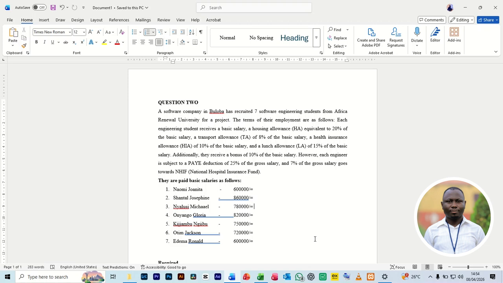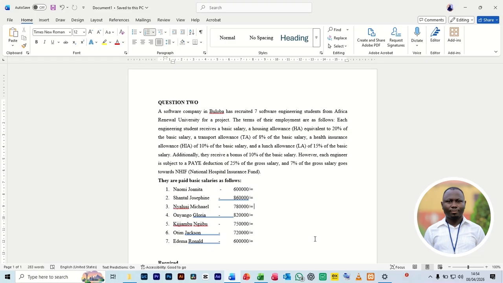Each engineering student receives a basic salary, a housing allowance of 20% of the basic salary, a transport allowance, which is 8% of the basic salary, health insurance allowance, which is 10% of the basic salary, and a lunch allowance, which is 15% of the basic salary. Additionally, they receive a bonus of 10% of the basic salary.